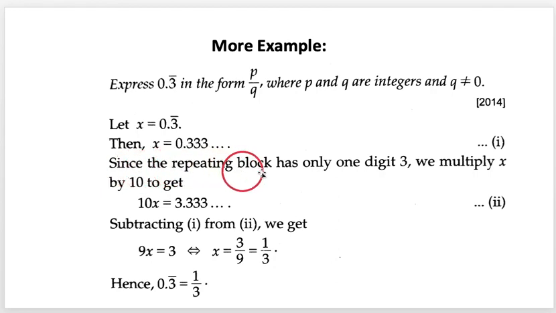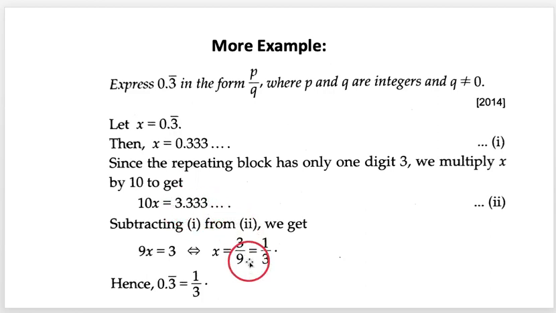Since the repeating block has only one digit, 3, we multiply x by 10. So what is the repeating block? It is only 3, only one digit, so this time we multiply with 10x. 10 into x, that means if I multiply this by 10, what are we getting?